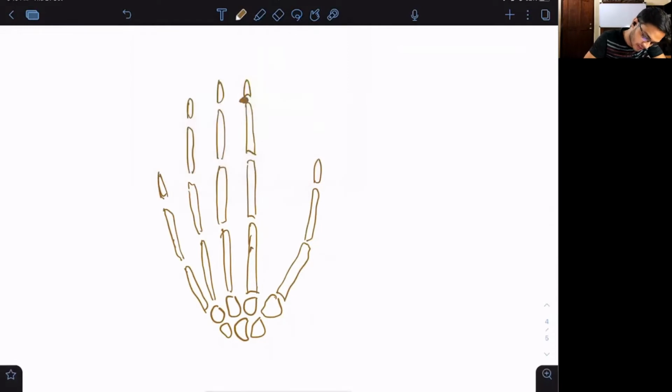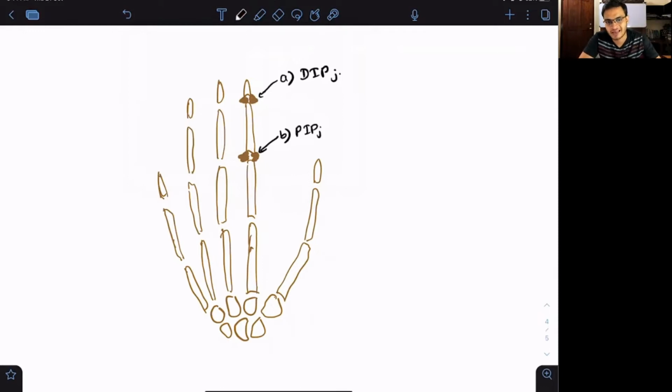Sometimes the nodes can be here, sometimes here. Now, if I call this A, and this is B. A is the distal interphalangeal joint. B is the proximal interphalangeal joint.